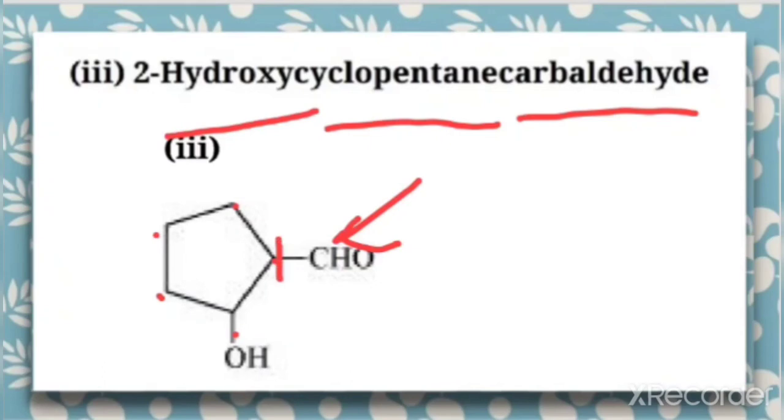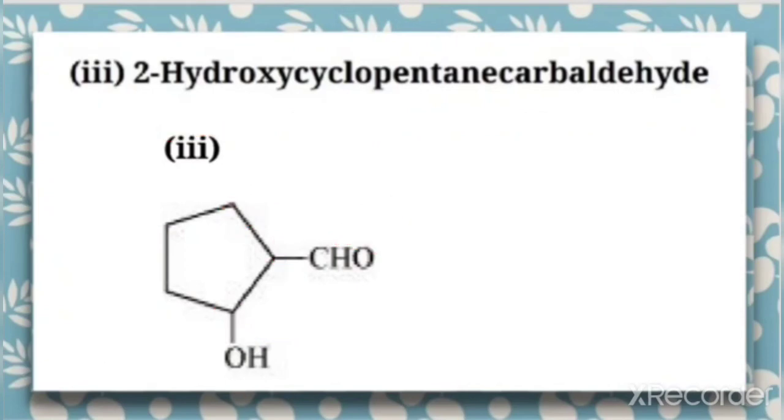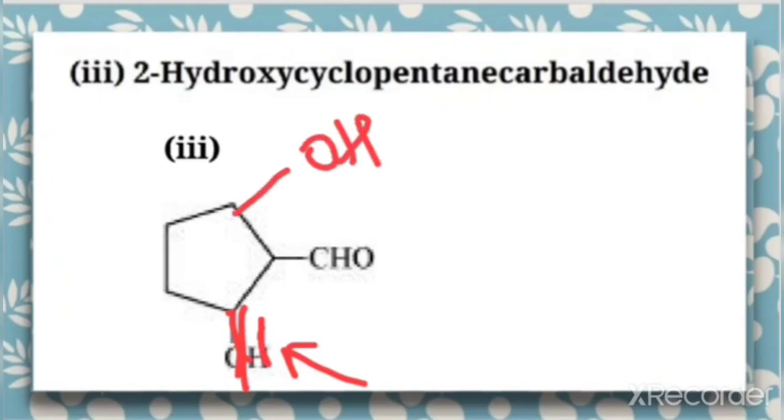This we have decided as the 1st carbon. So the 2nd carbon can be this, or one more possibility, this. So at any one of these places you can keep OH, that is the correct structure. So in this example given in the answer, the OH is kept on this carbon. But if you keep the OH here instead, that is also correct.